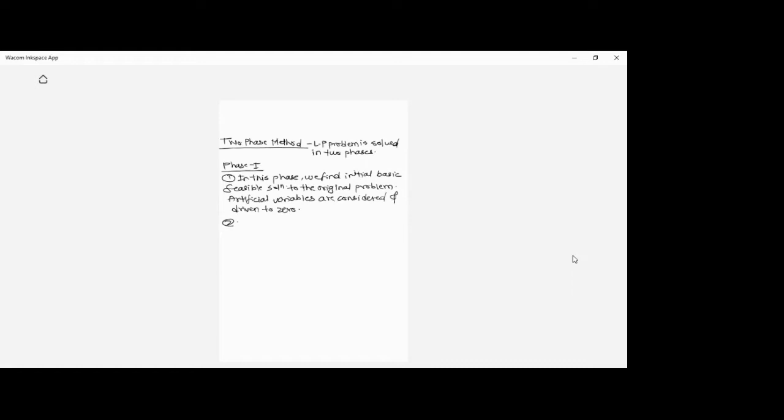Now what is different is that our original objective function will be there, but here a new artificial objective function, that is W, is created.